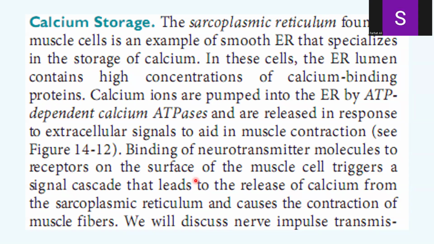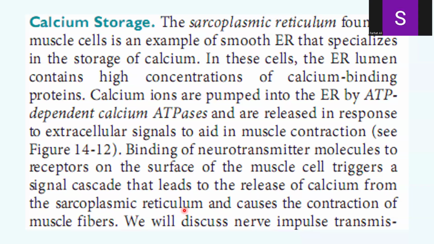You would perhaps remember the process of muscle contraction from your high school biology class: the endoplasmic reticulum of the muscle cells is called the sarcoplasmic reticulum. It houses calcium, and when stimulated, calcium is released, and that is required for the contraction of the muscle fibers. So in this manner, muscle contraction is dependent on calcium.